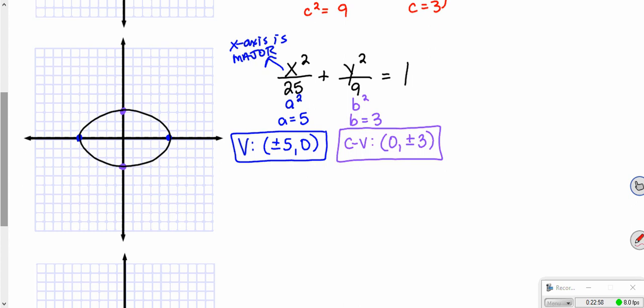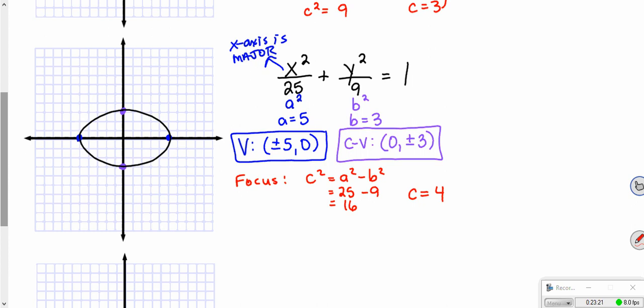Remember, for your focus, c squared equals a squared minus b squared. So 25 minus 9 is 16. So this tells me that c equals 4.